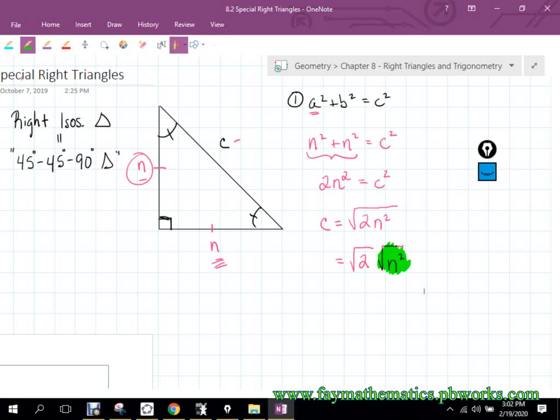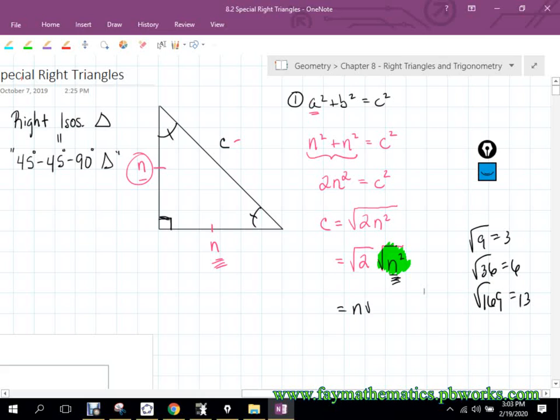What does that turn into? That n squared, guys, is the radical 9 or the radical 36 or the radical 169 that we were seeing with those specific values. Does that make sense? So didn't those turn into 3, 6, and 13? So this is going to turn into just n. I get n radical 2, and that's what C is.